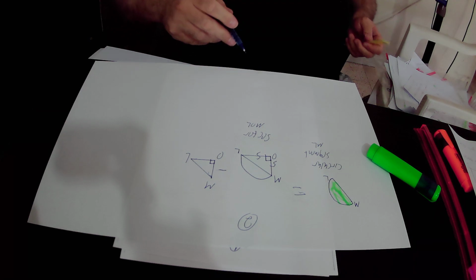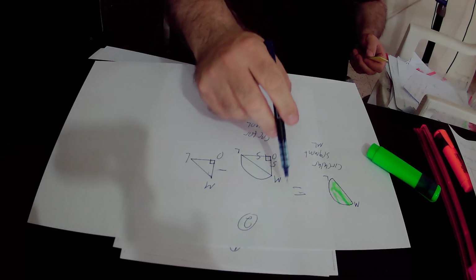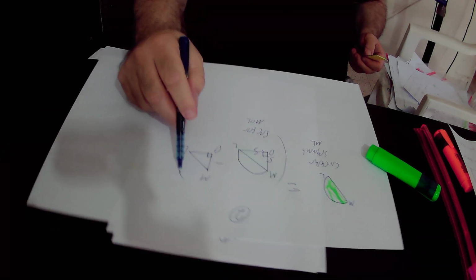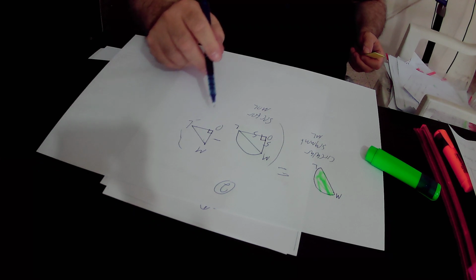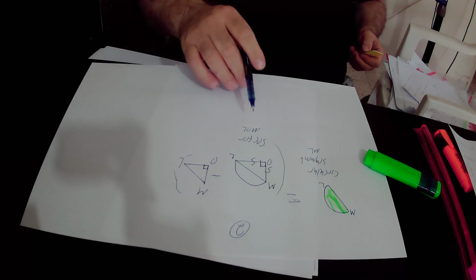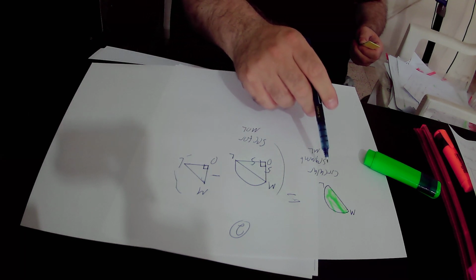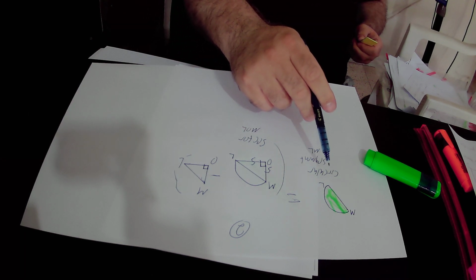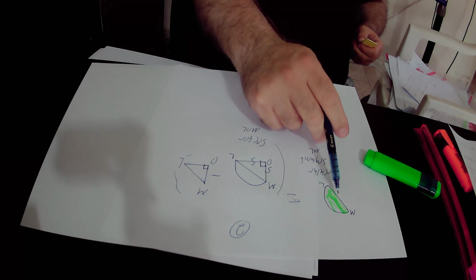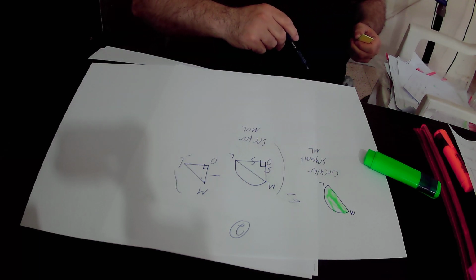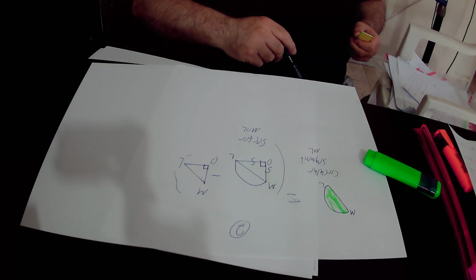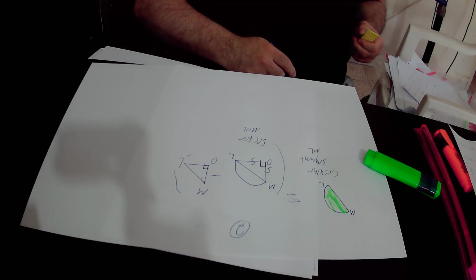It's very easy to see from the drawing that if we subtract the area of triangle MOL from the area of sector MOL, we'll get exactly the area of this circular segment, segment ML. Okay?